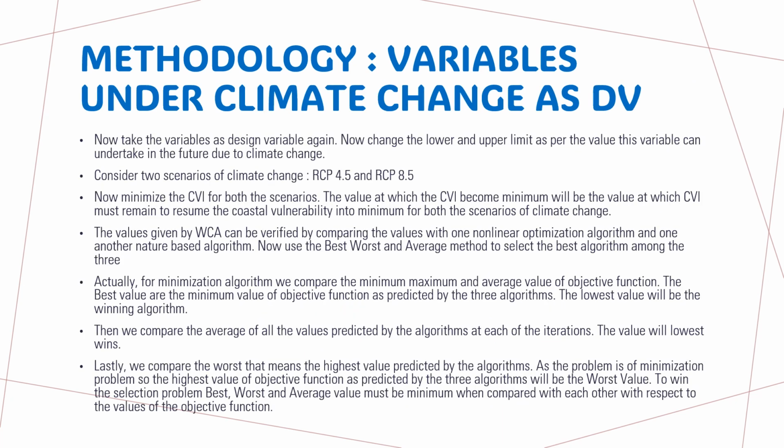Now go to the last step, variables under climate change as DB. Remember, in the first step we determined the values of M and N, the weightage of significance of each variable, but that was determined when the objective function is at its maximum value. For the worst case scenario, the values of M and N were determined. So we are talking about the coastal vulnerability index only.